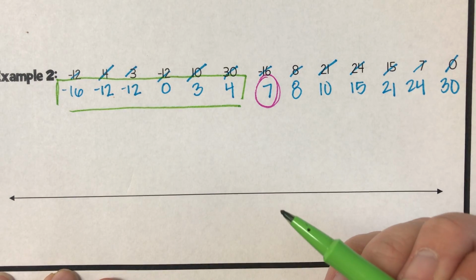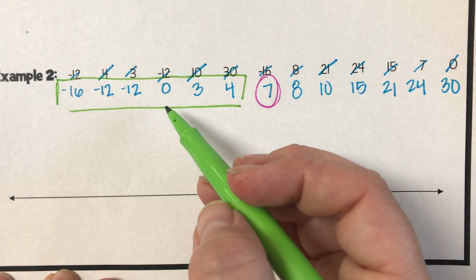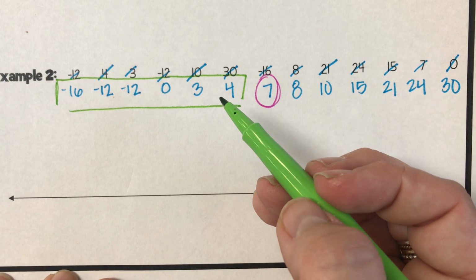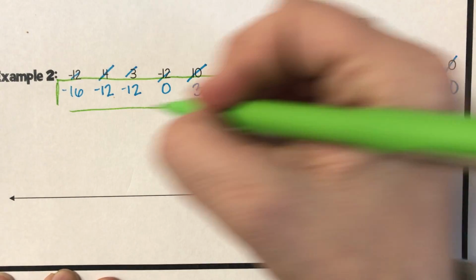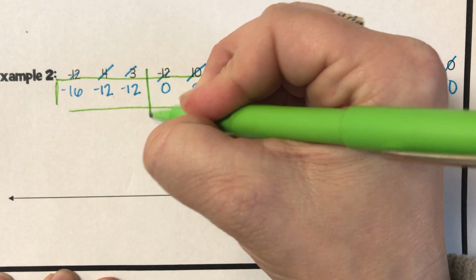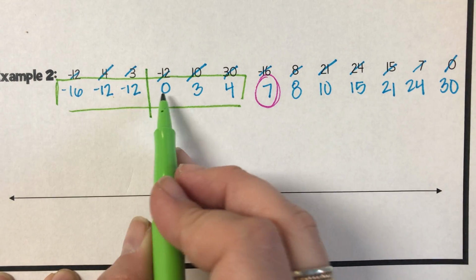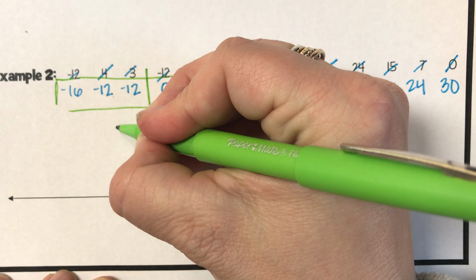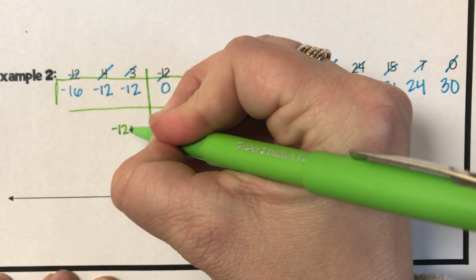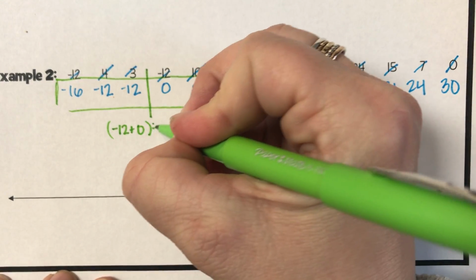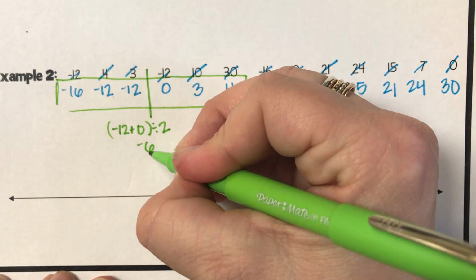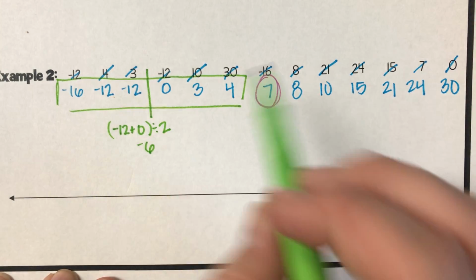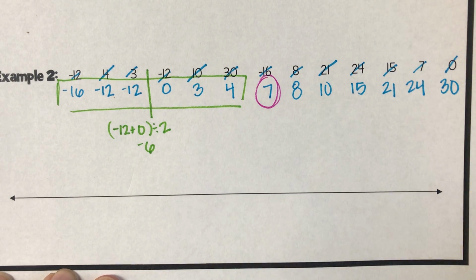So is there going to be an exact middle? Like, is one of these numbers going to be our middle guy if they're standing in a row? No. Our median of our lower half is going to come here, in between -12 and 0. So to find that, I'm going to add -12 plus 0 and then divide it by 2. -12 divided by 2 is -6. So that is my lower quartile.